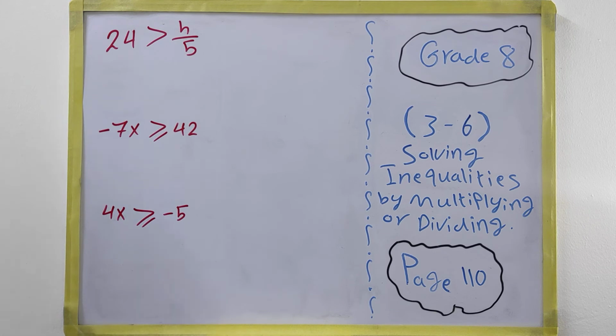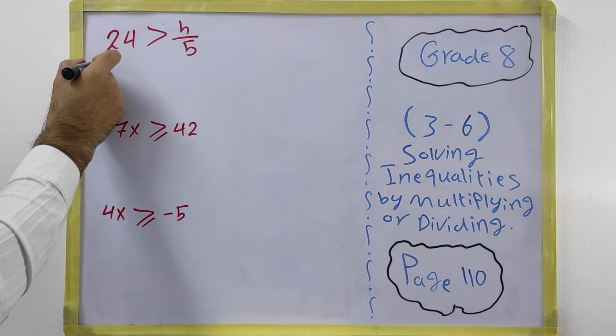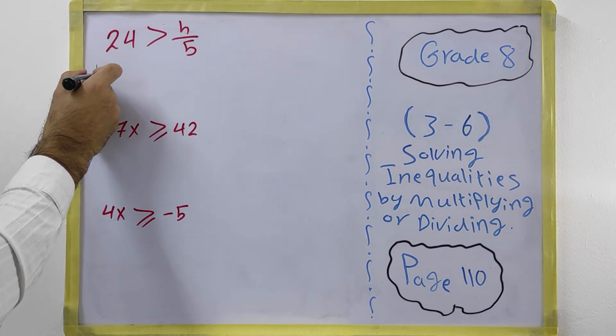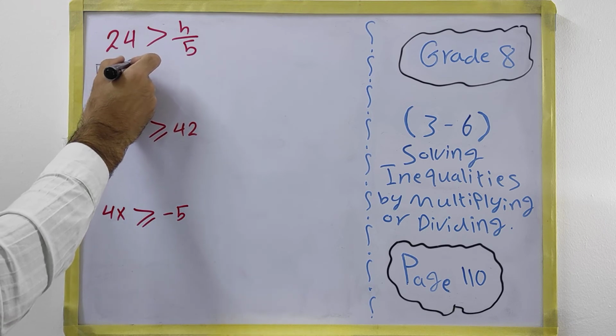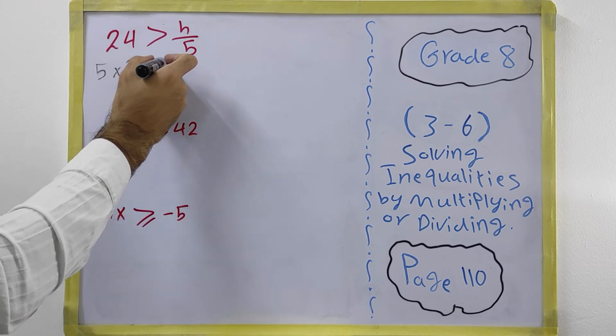Because we have 5, we multiply that by 5. 5 multiplied by 24.